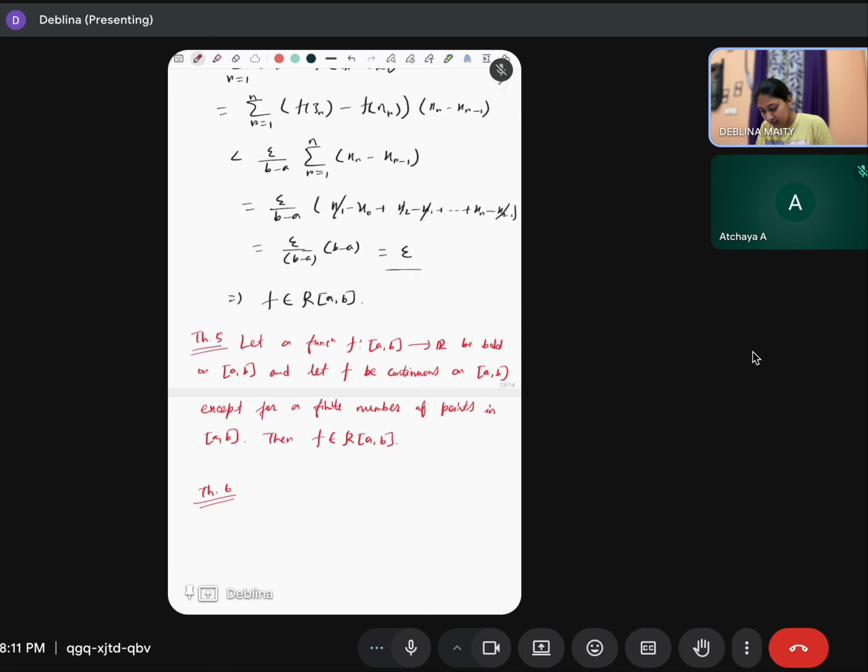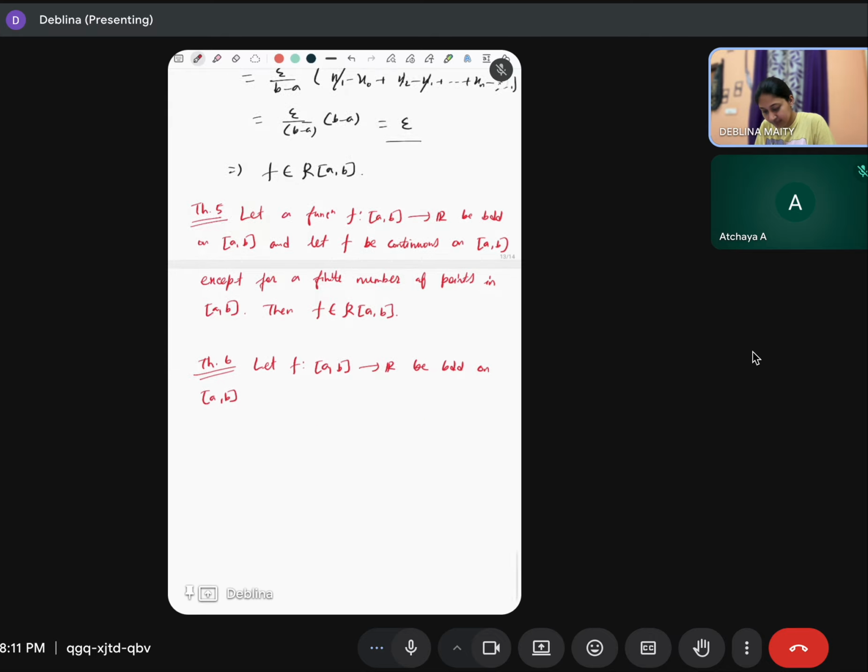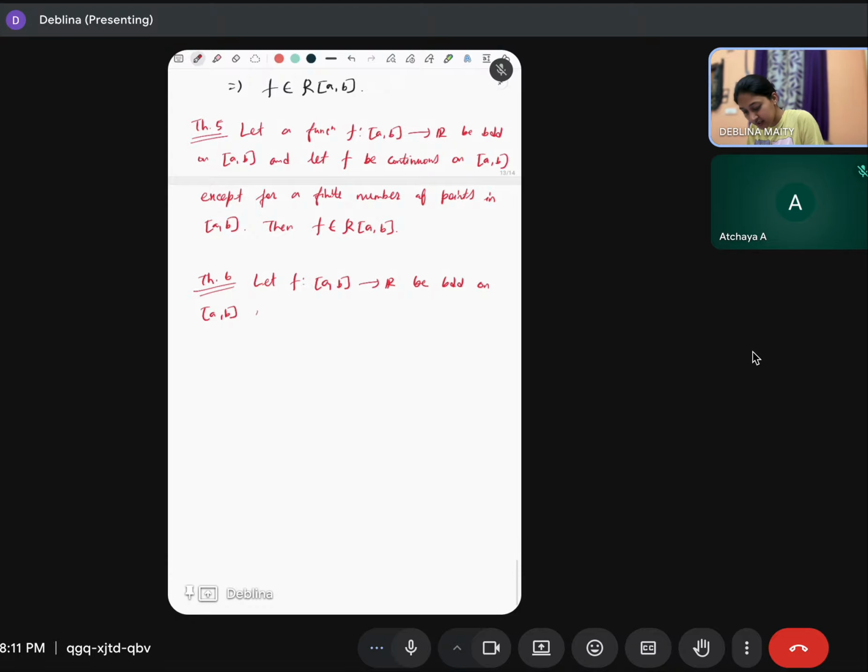So let f be bounded on [a, b] and let f be continuous on [a, b] except on an infinite subset S of [a, b].